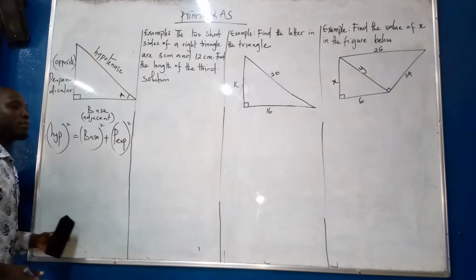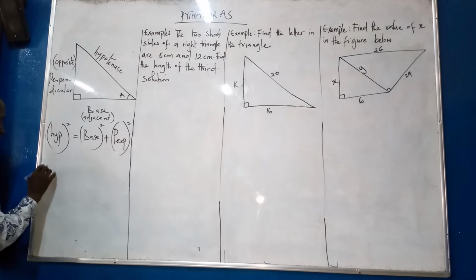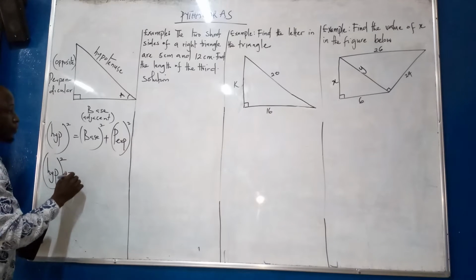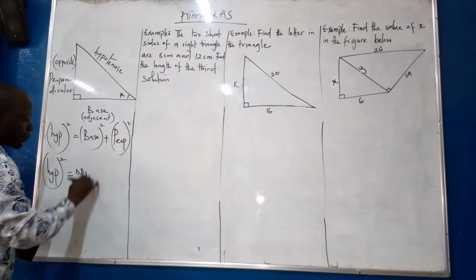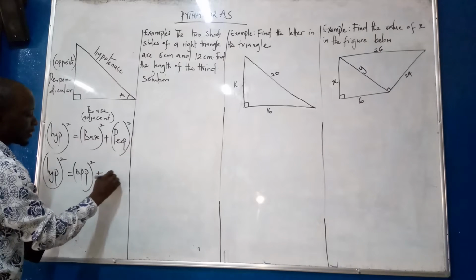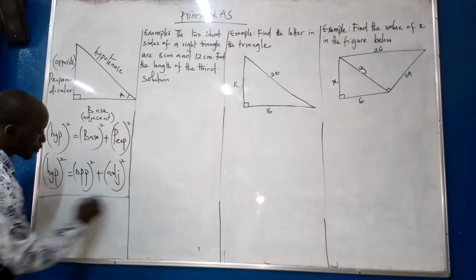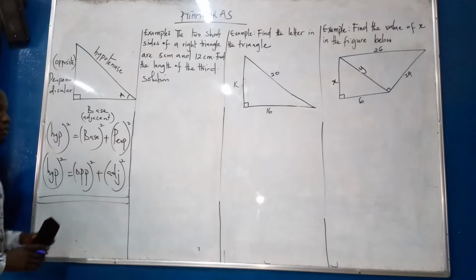Our longest side is still the hypotenuse, so we can also write the formula this way: hypotenuse square equals opposite square plus the square of the adjacent. So that is what Pythagoras theorem is all about.